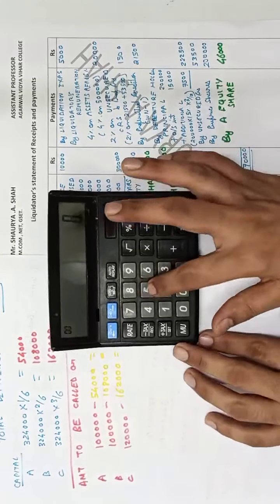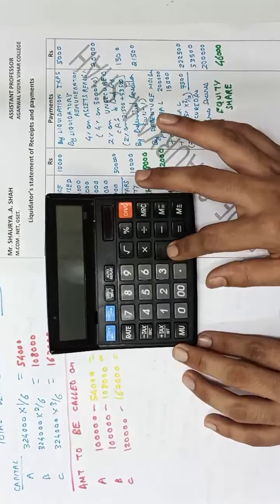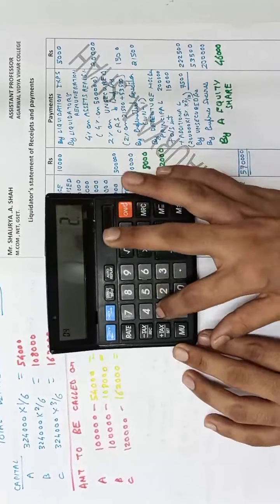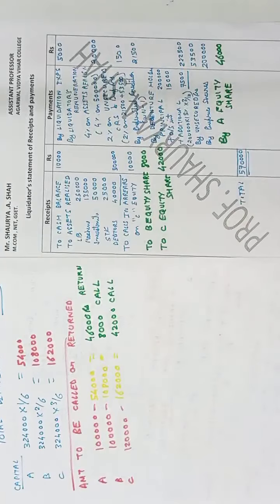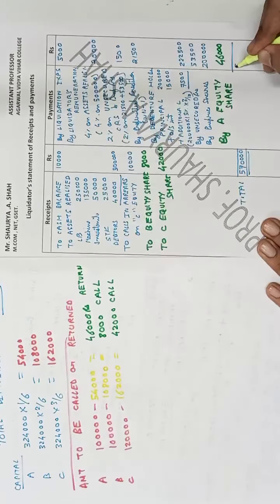On the payment side, I'll do 5,000 plus 20,000. We had already done it, but again I am doing it. So I am getting, students, the total of 5,70,000, which is equal to the total of your receipt side. So on the payment side also, I'll write this down.